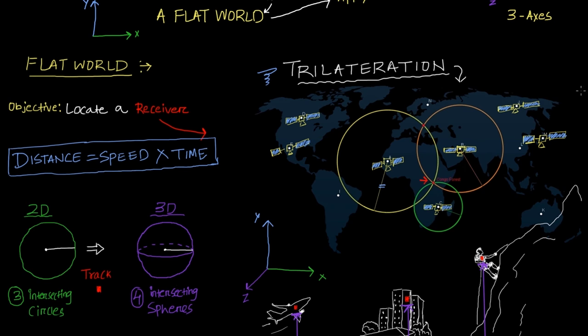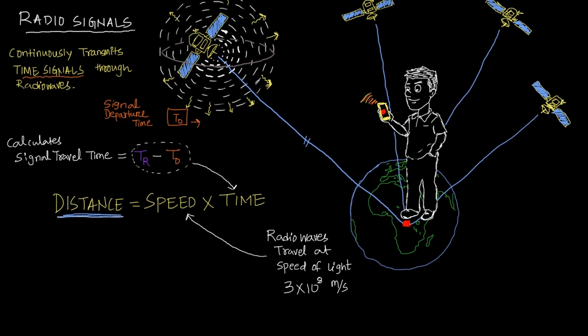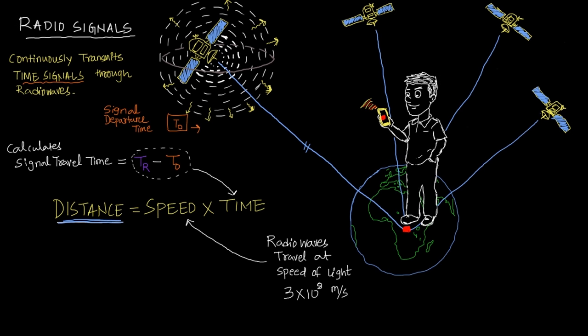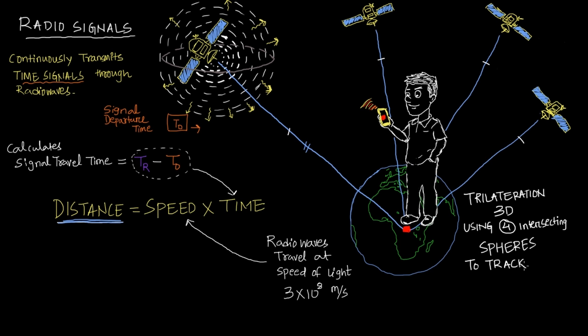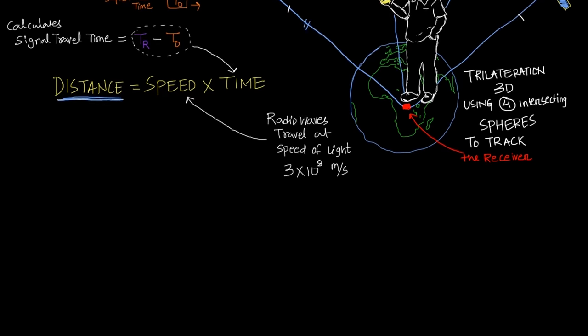In the 3D world, using these 4 intersecting spheres with the 4 distances that we have just calculated as the radii of the spheres, you get a common intersection point and track the receiver's location.